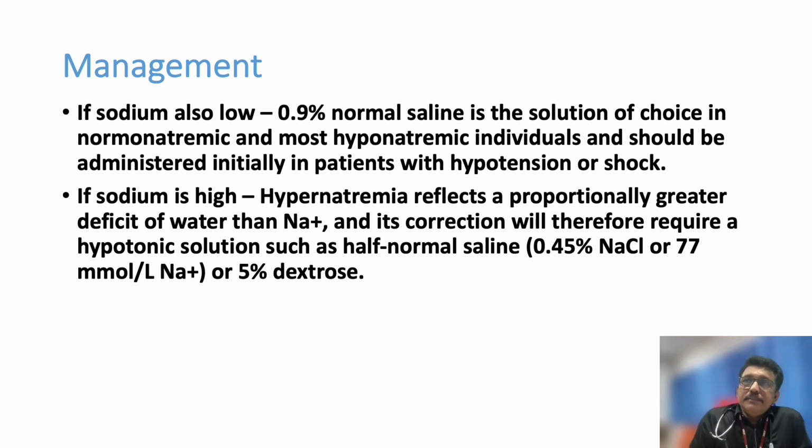The only problem with normal saline is that massive normal saline infusion can produce a type of acidosis, that is hyperchloremic acidosis. Clinically it is not a big problem, so you can continue that. So normal saline will be a better choice. If the sodium is very high, then you can go for half normal saline or dextrose solution.